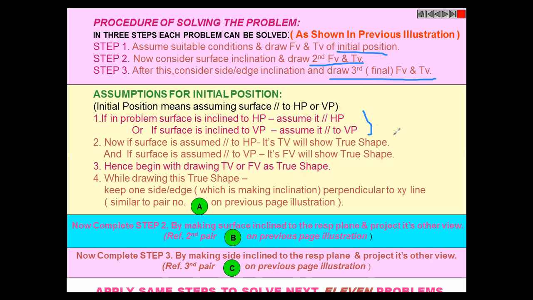It will be true shape. Then begin with true shape. Then the second step is take any one inclination and draw the other view. And the last step is take the third inclination, final, and then project it. Now we will see it by example, then it will be more clear.